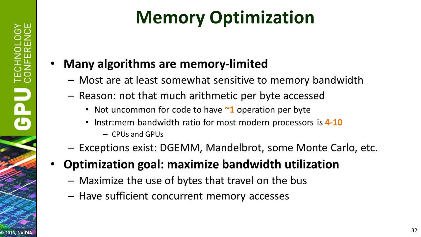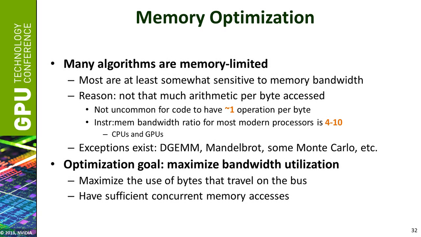If you take some chip and look at gigaflops divided by gigabytes per second, you get this ratio of 4 to 10. If you match it up to what's really happening in the code, that ratio is generally much smaller at the instruction level. That's why many codes are sensitive to memory bandwidth. Therefore, it's important to extract maximum performance out of your memory system.